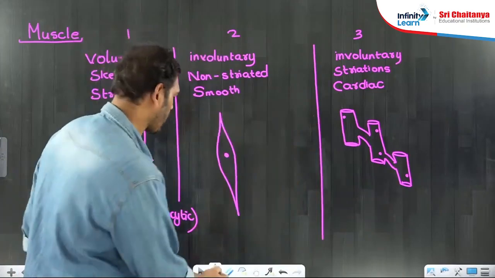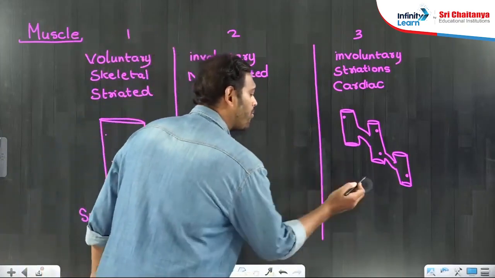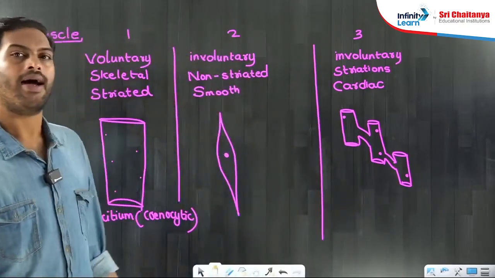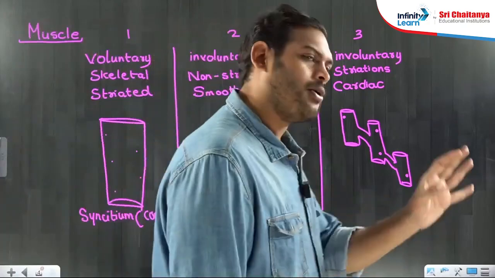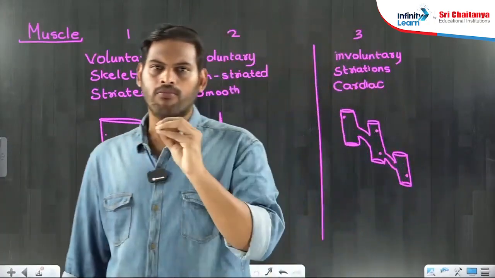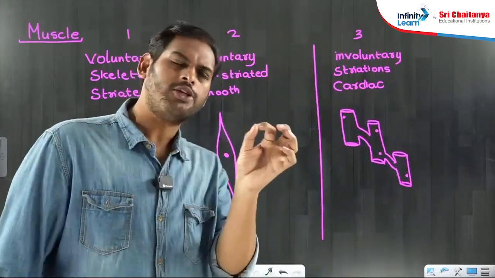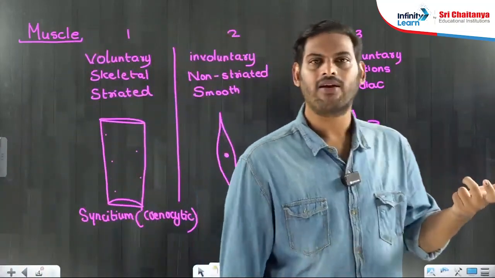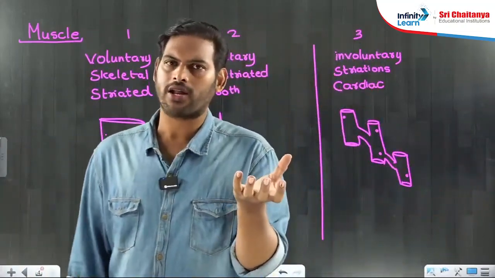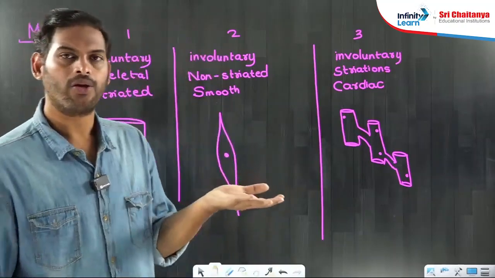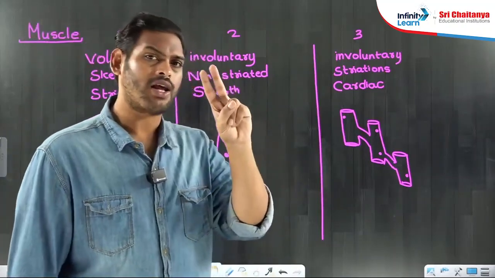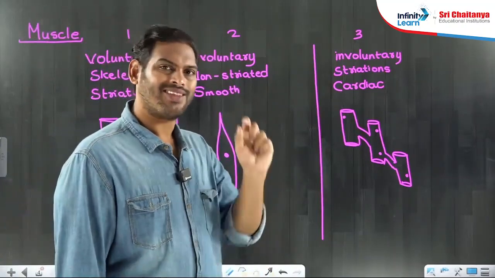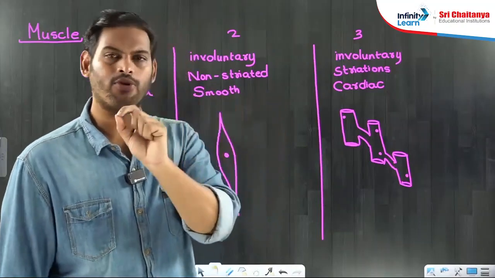Now, muscle contraction and muscle relaxation are mainly due to proteins. These proteins which help in relaxation and contraction of muscle are referred to as contractile proteins. There are 2 types of contractile proteins: thin protein and thick protein.